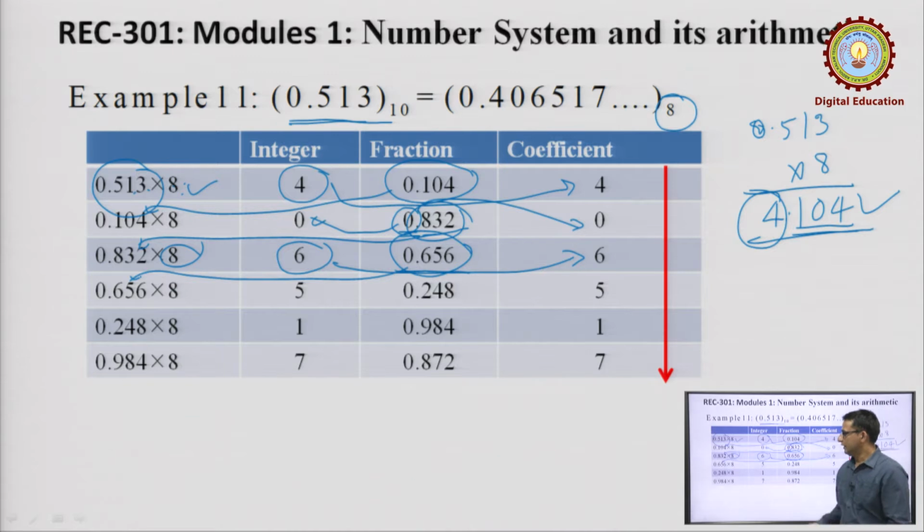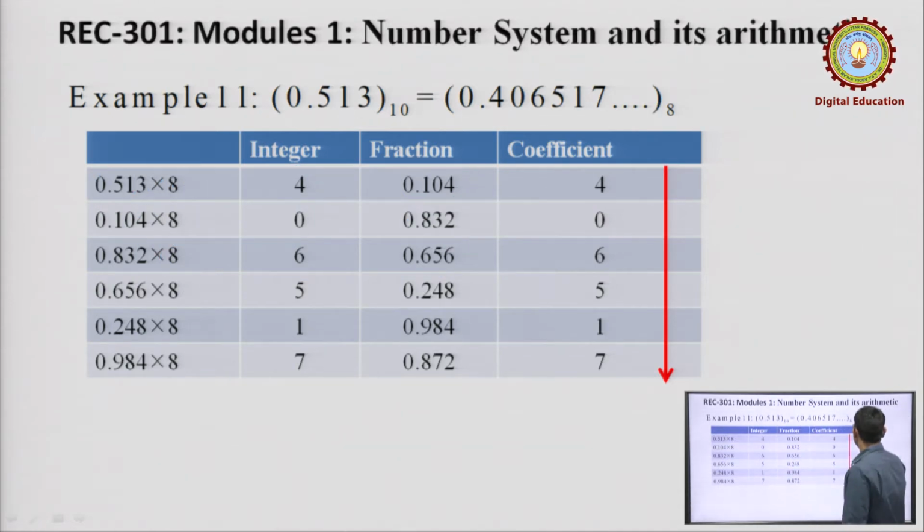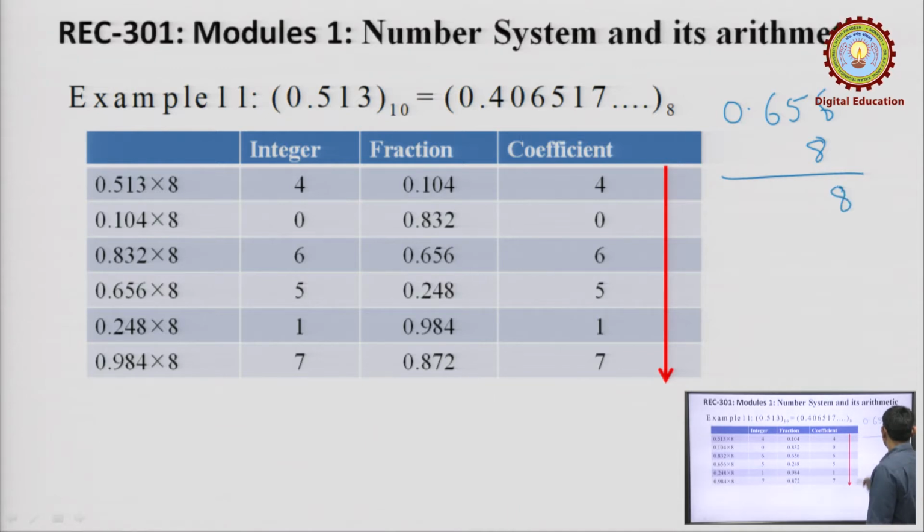In the next iteration we follow the same step and multiply by 8 again. Multiplying 0.656 by 8: 8 times 6 is 48, 8 times 5 is 40 plus 4 is 44, 8 times 6 is 48 plus 5 is 52.